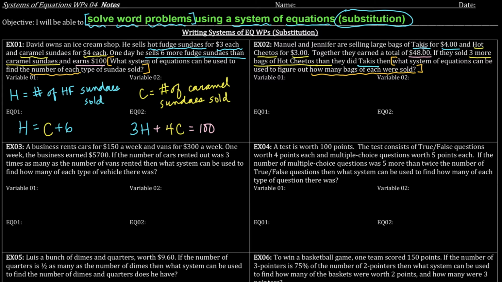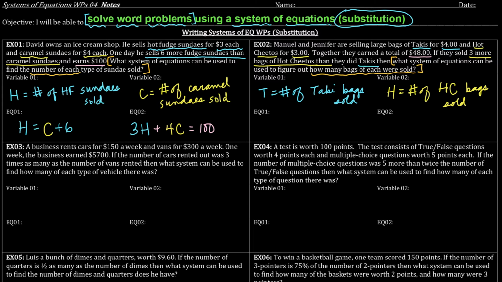Takis. Okay, so T can be the number of Taki bags sold, and then H, the number of hot Cheeto bags sold.